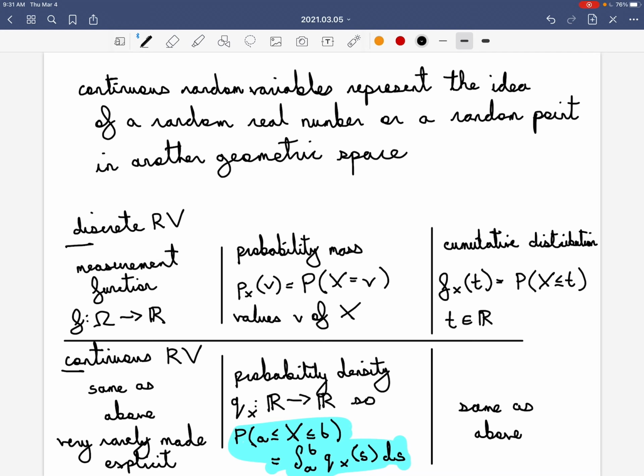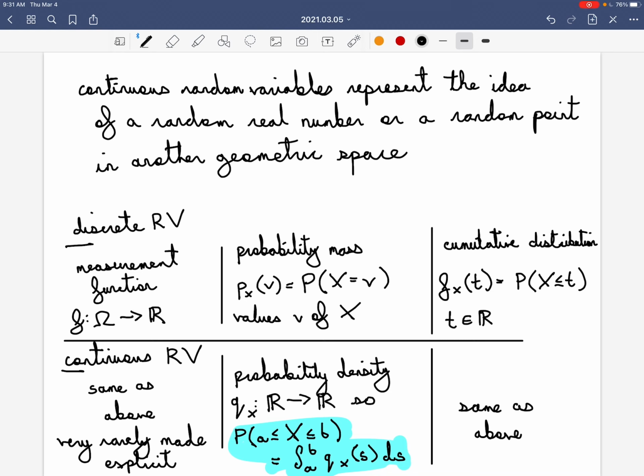In the theory of continuous random variables, we also have measurement functions, which play exactly the same role as they do for discrete random variables, but measurement functions very rarely come to the surface in the theory of continuous random variables, and often they're just suppressed entirely.